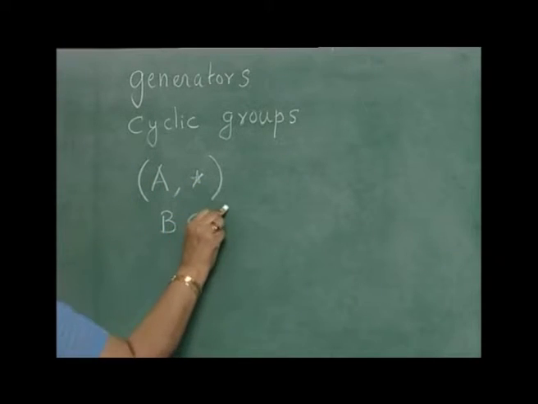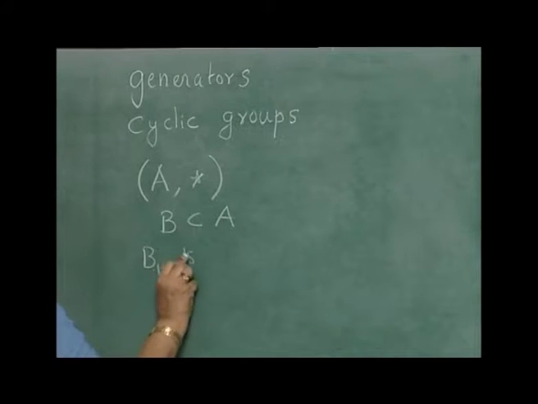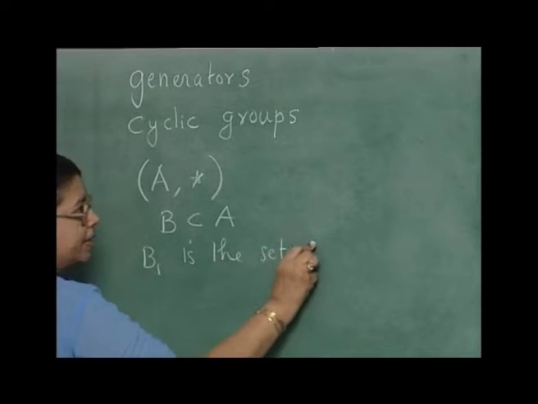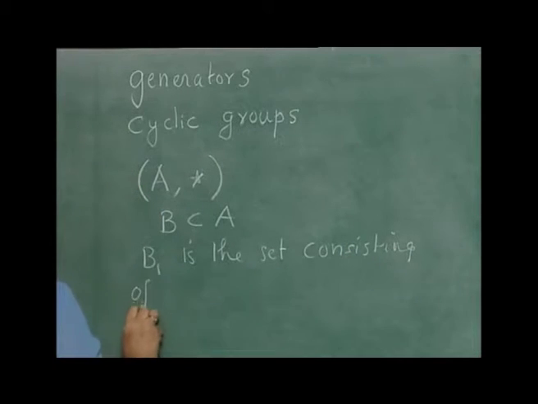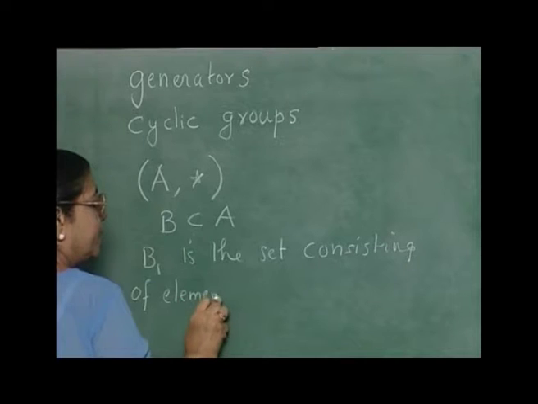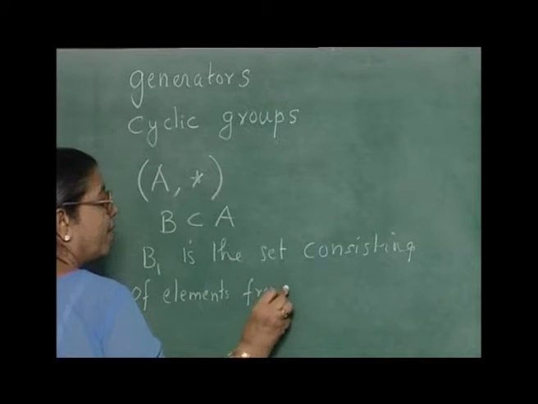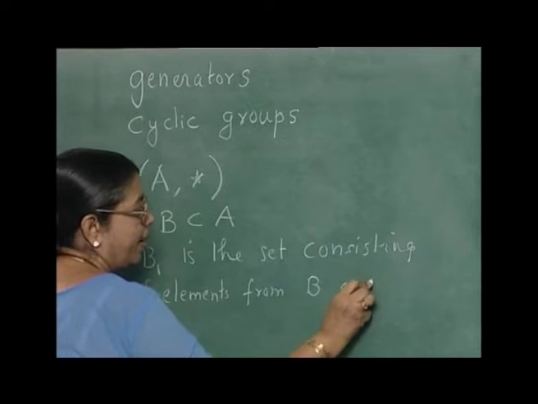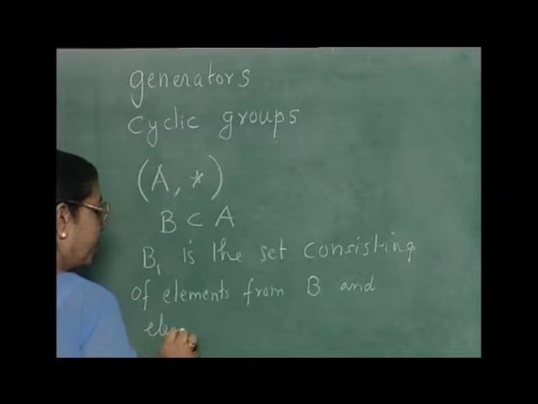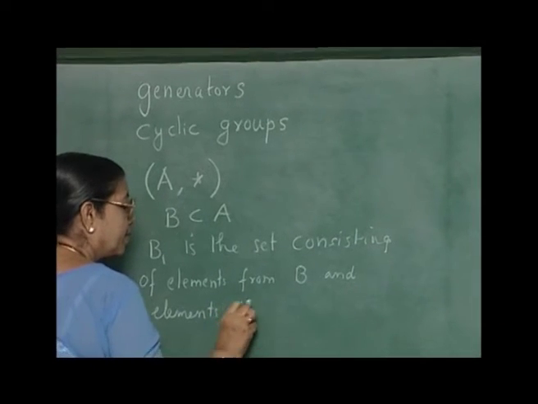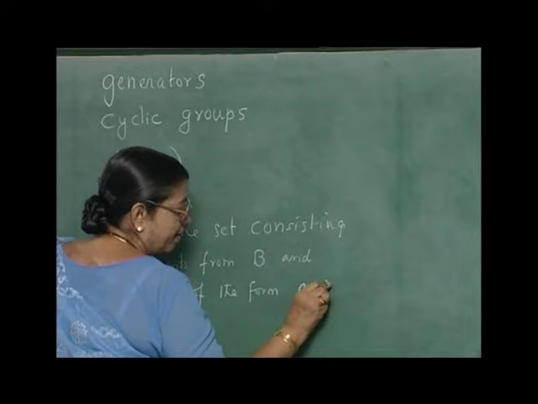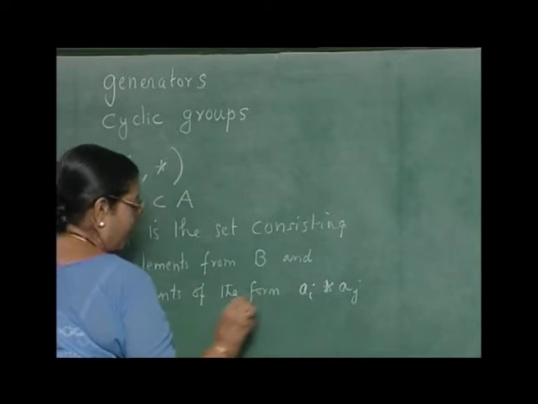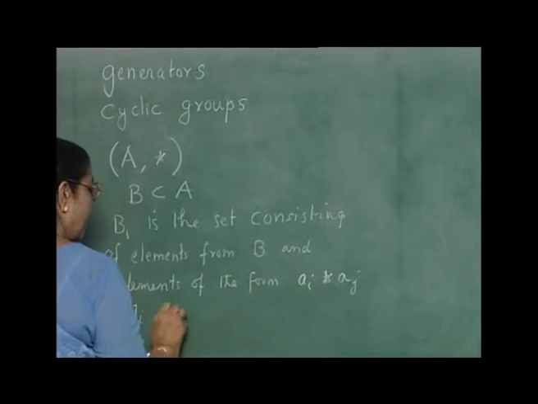Consider a subset B of A. Let B1 be the set consisting of elements from B and elements of the form Ai star Aj, where Ai, Aj belong to B.